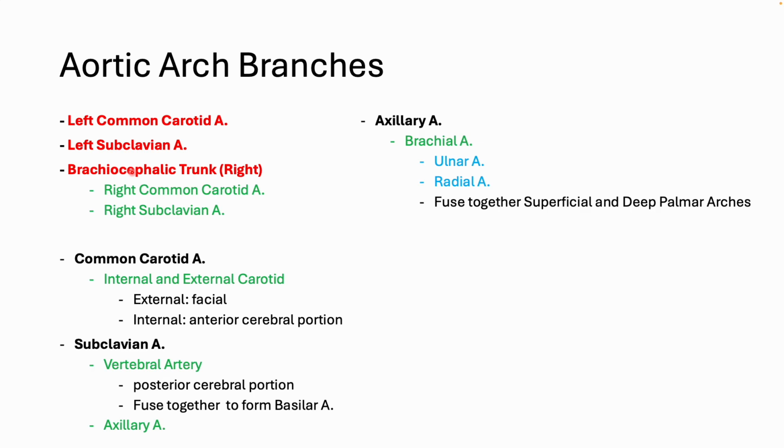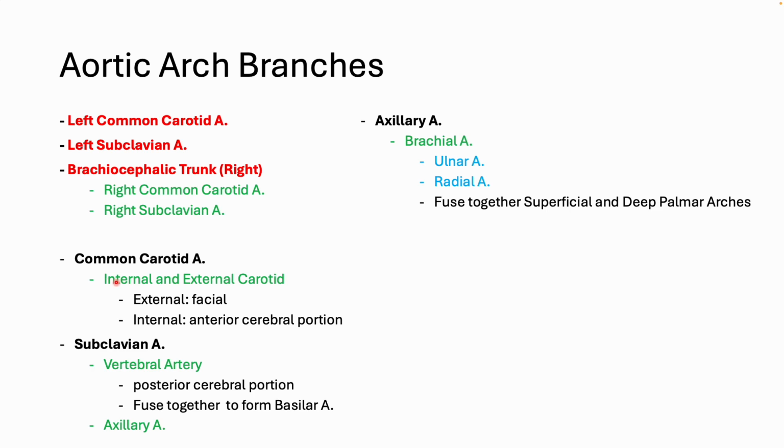So we have three possible branches: the left common carotid artery, the left subclavian, and the brachiocephalic trunk, which is only on the right side. And the brachiocephalic trunk gives rise to your right common carotid and right subclavian. So now we have both left and right. Your common carotid artery will give rise to the internal and external carotid.